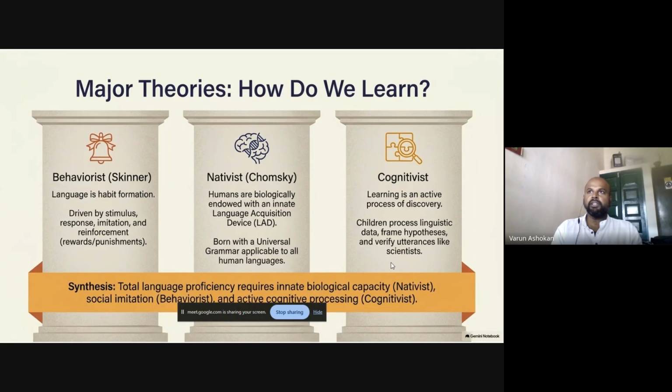Just like any human body part, there is a language acquisition device in our brain, which gets stimulated and developed, just like how our body parts develop. This language acquisition device also develops when you acquire and learn a language. It also plays a role when you learn a foreign language.